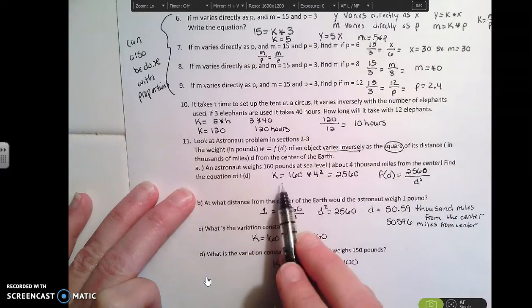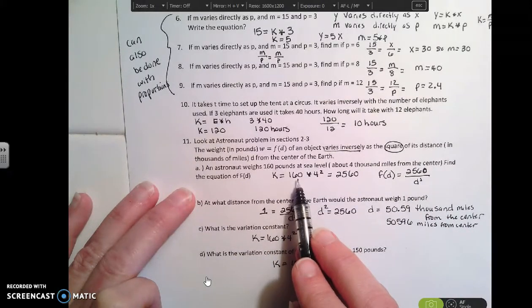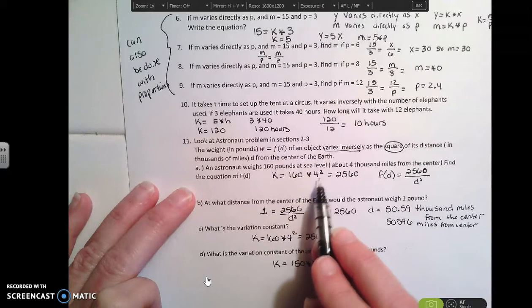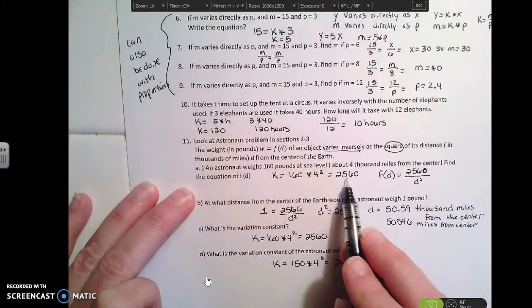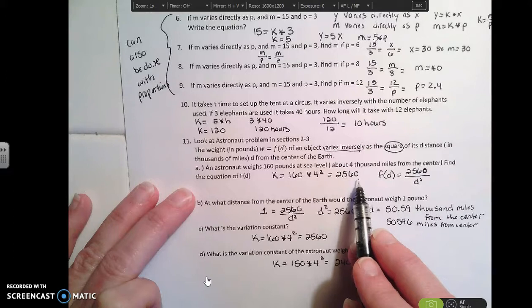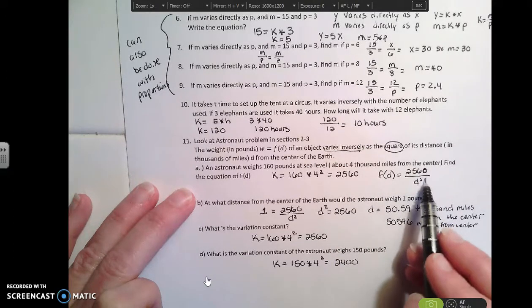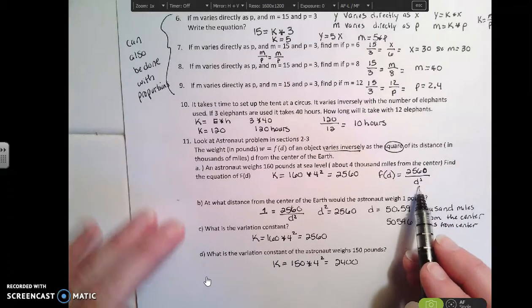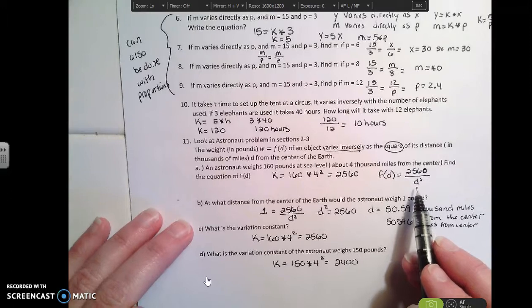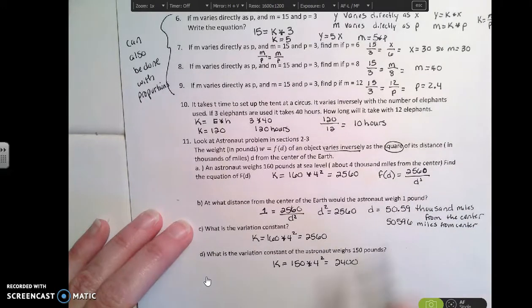So find the equation. So 160 times 4 squared, the constant is 2,560. So my equation should be the constant divided by x, which is the constant divided by d squared. So I can use this equation to find my other things.